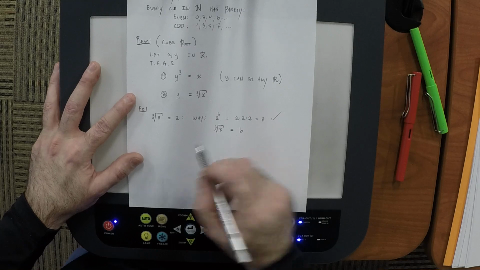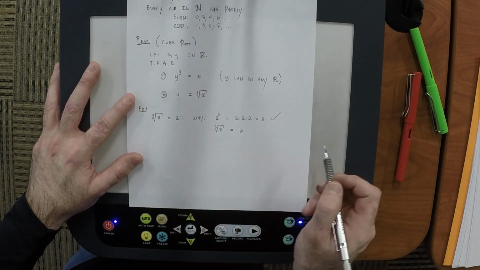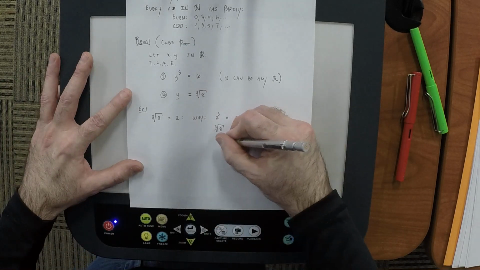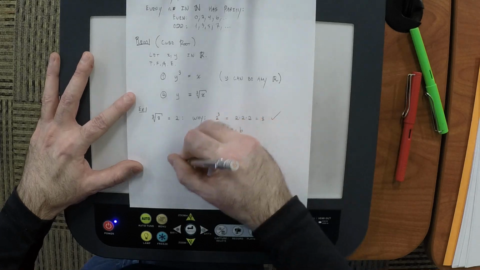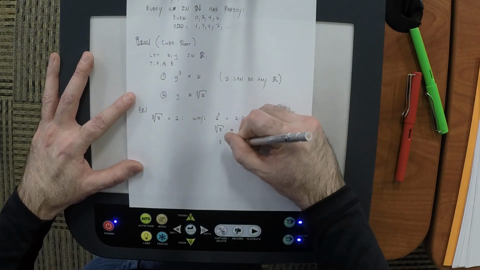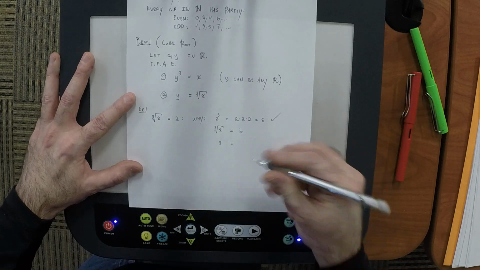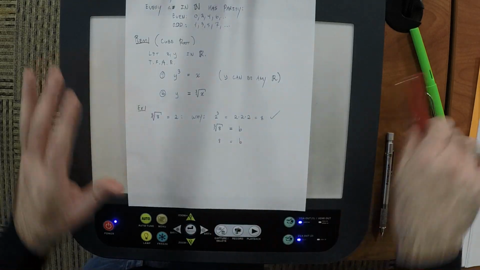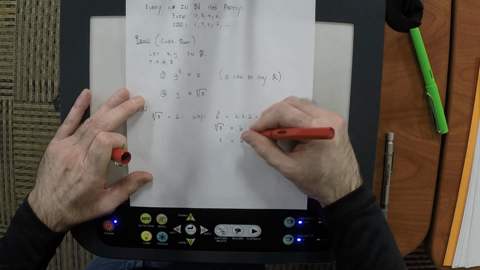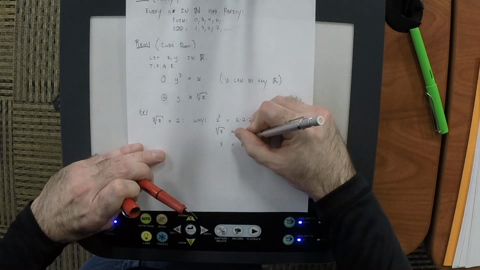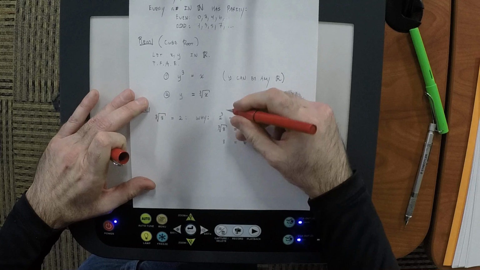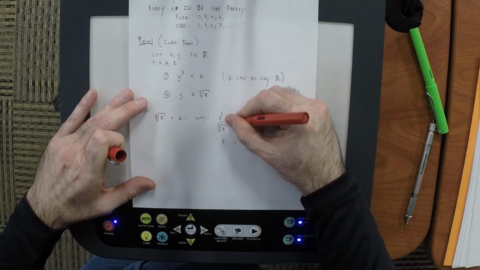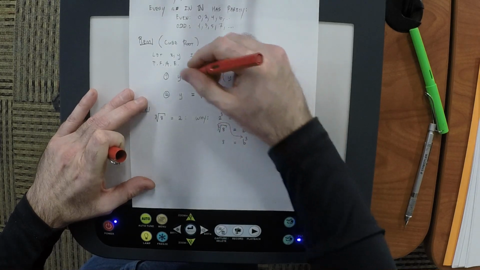And if I want the cube root to change sides and leave the 8 there, it would read 8 equals, and then when the cube root changes sides, what does it become? B cubed. So b cubed, like this. So the cube root changes sides.